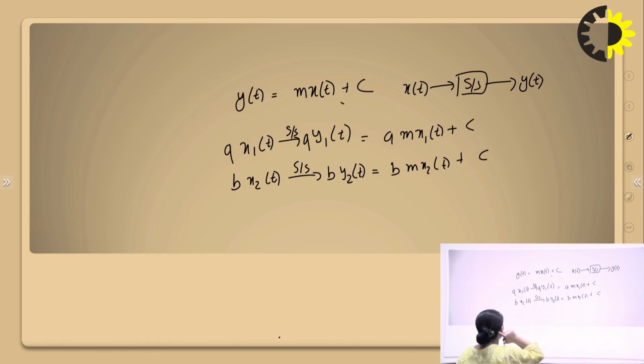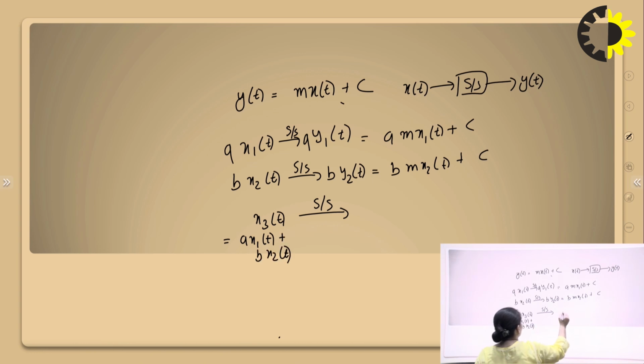Suppose I give x3(t) to the system, and x3(t) equals a of x1(t) plus b of x2(t). And this equals what?